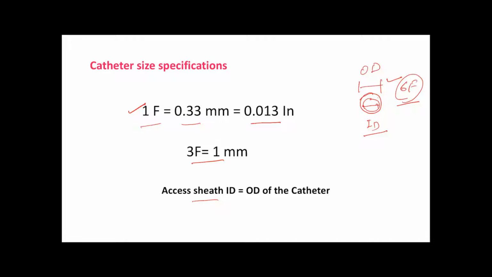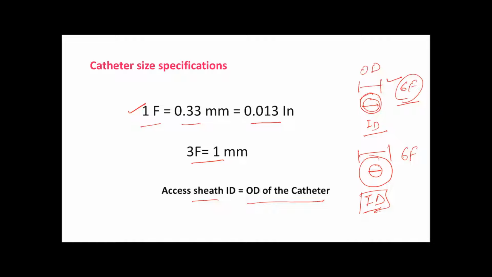But for a sheath, when we say 6 French sheath, it means that it's referring to the inner diameter. So a 6 French sheath's outer diameter will be larger than the outer diameter of 6 French diagnostic or guide catheters. So the access sheath internal diameter is equal to the outer diameter of the catheters. This measurement you should remember, and it is always 1 French more.